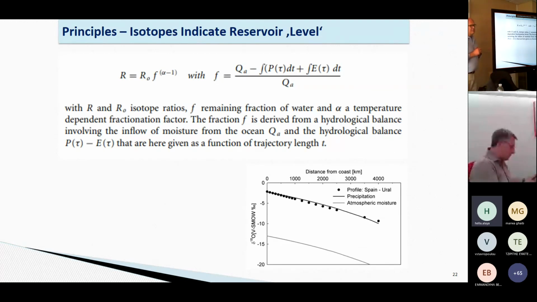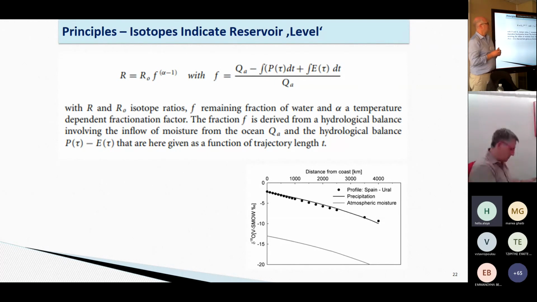Now, just to explain this a little bit, the example, we apply the Rayleigh equation, and the F is basically a water balance. So we have the flux of vapor into the continent QA. Then we have the integral of the precipitation, so all the precipitation that fell out of the vapor flux, plus the evaporation.